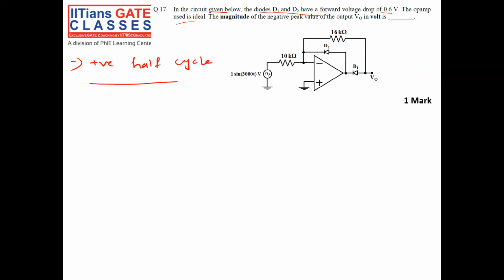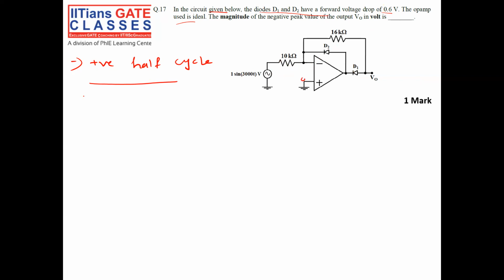Half cycle, right? Since D1 and D2 are open, I am assuming, because I don't know the status of the diodes, it behaves like a comparator. During the positive half cycle, V negative is positive, and V positive, the ground, is already 0.